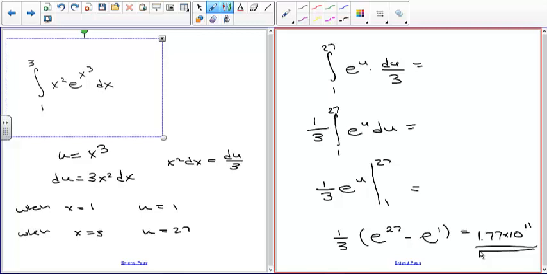Yeah, it's surprising how big that is. You look at that function, it's only between 1 and 3, and the area underneath that curve is 1.77 times 10 to the 11th. Wow. Interesting. Okay, so that's it for that.